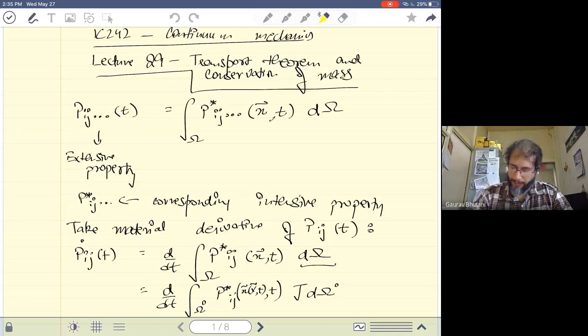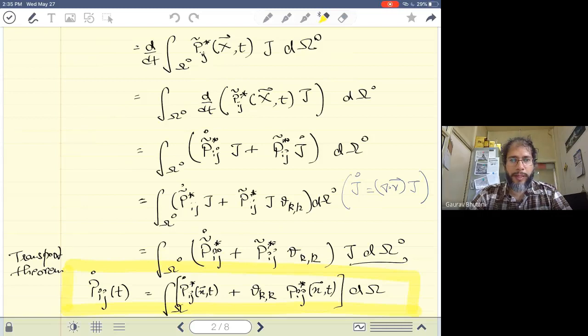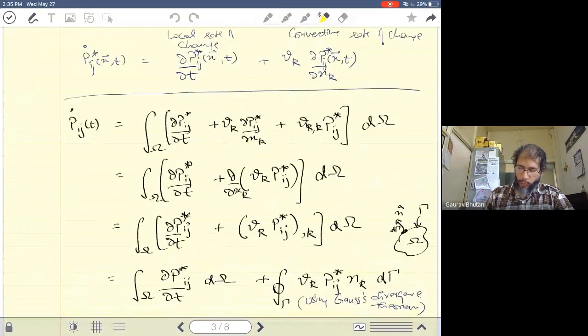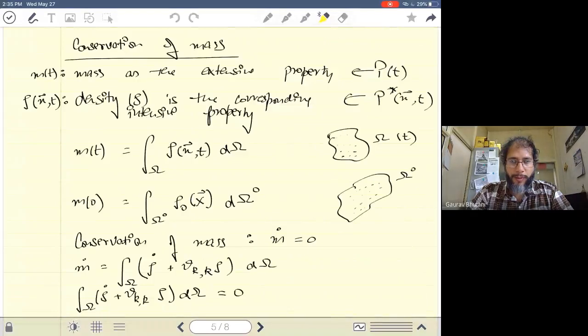Based on that, we started by taking a material derivative of P, the idea being to find the time rate of change of P in the whole volume that we are considering. Based on that, we finally derived the transport theorem, and then we applied that to the derivation of the conservation of mass equation.